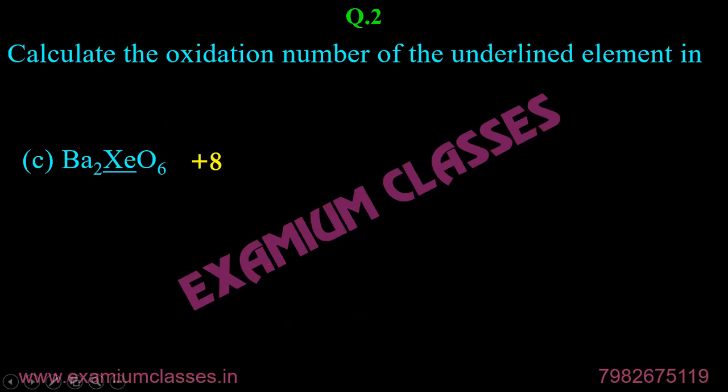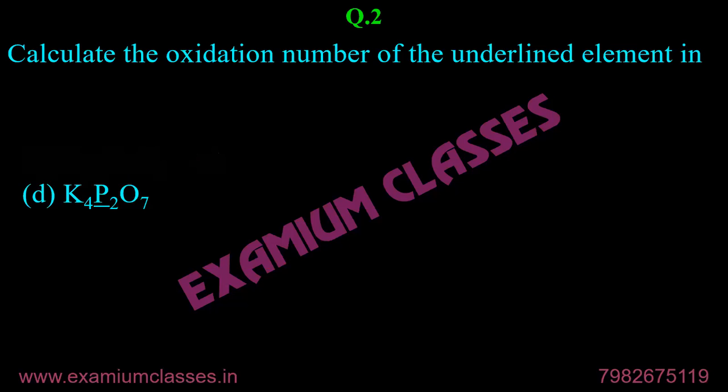Now the next one. K4P2O7. You have to calculate the oxidation number of phosphorus. Tell me the answer quickly. This one is very easy. Yes, Karan, correct. Devansh, correct. Think again.